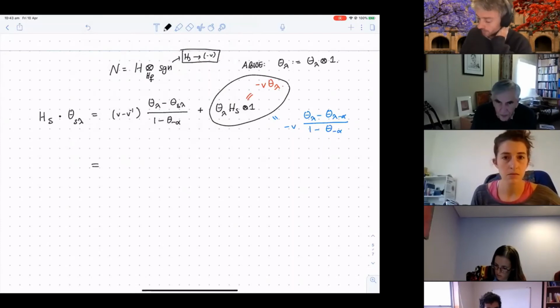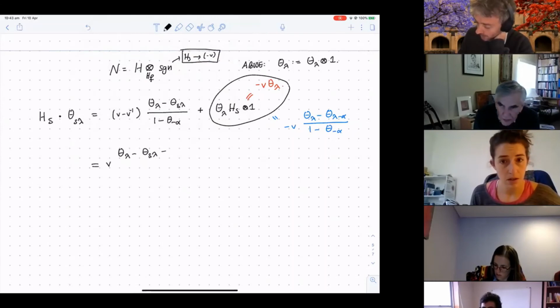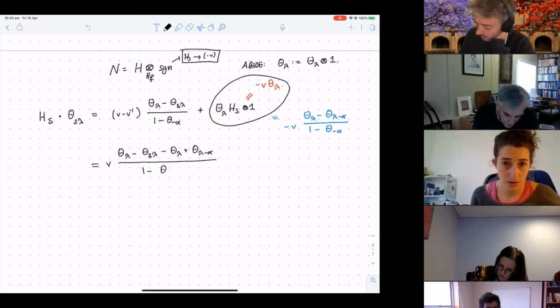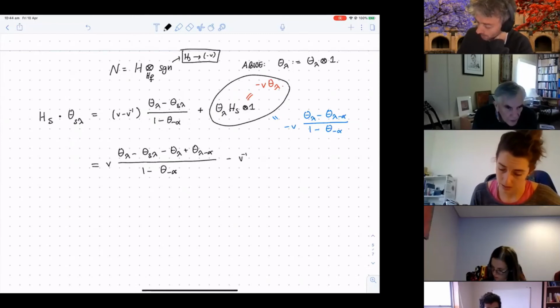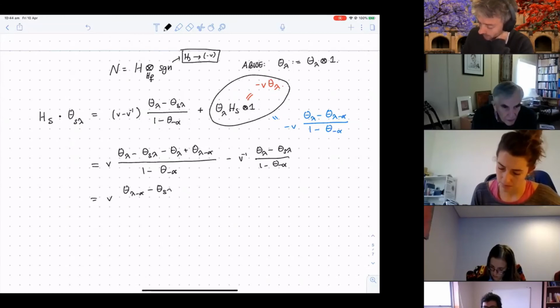And so this becomes V theta lambda minus theta S lambda minus theta lambda plus theta lambda minus alpha. So this becomes V theta lambda minus alpha minus theta of S lambda.